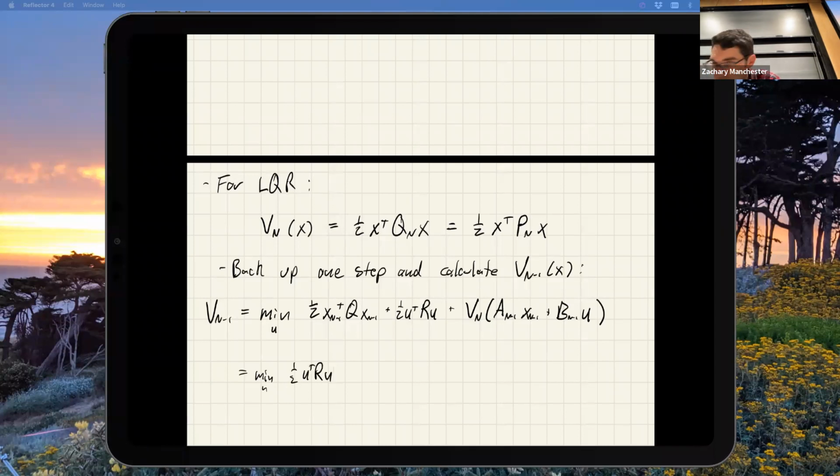Then I plug the dynamics into my actual V_N there. It's going to look like this. I'll be a little loose with the notation and stop writing all the time subscripts because it's annoying, but this works in the time-varying case, in all the cases.